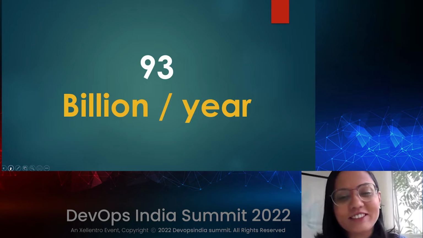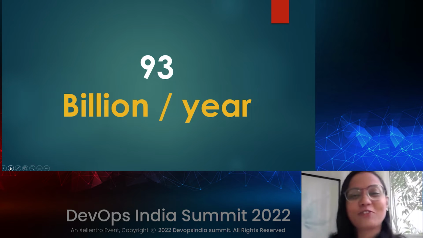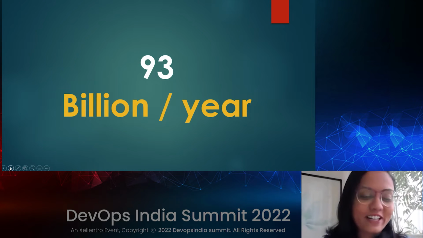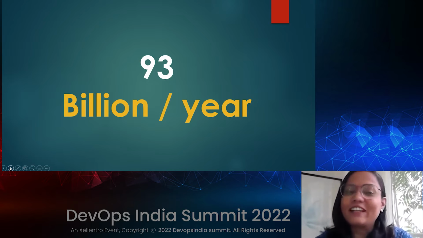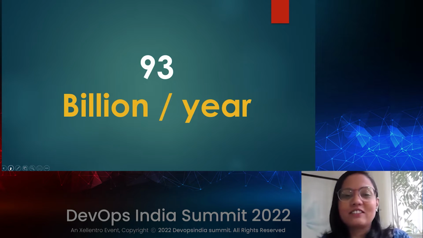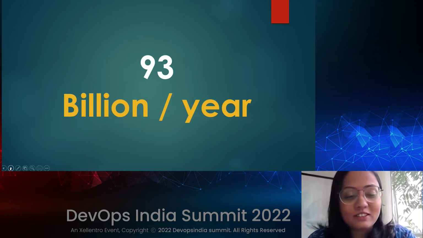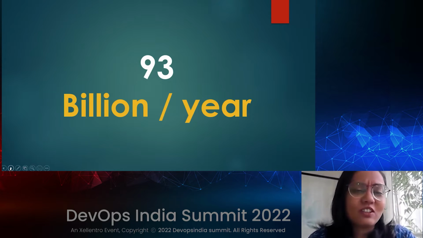Of course, the saying today goes that every industry is a technology industry, a software industry. And this number kind of substantiates that. But still, 93 billion is a huge number. When I just think of the amount of data that it's carrying around it, the code that we are generating as software engineers. And if I say that 20 years back, since I started and the industry started gaining more and more traction, what would that be?